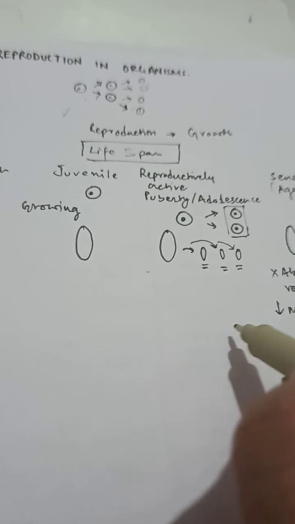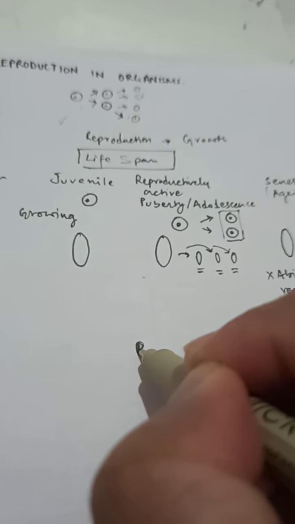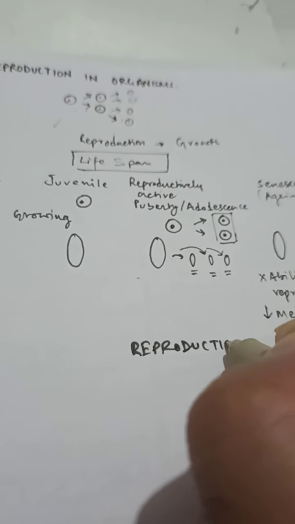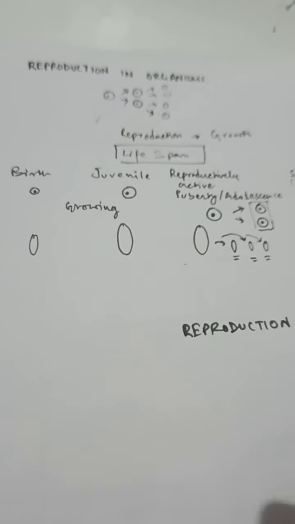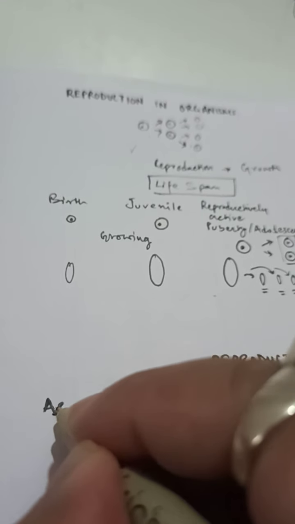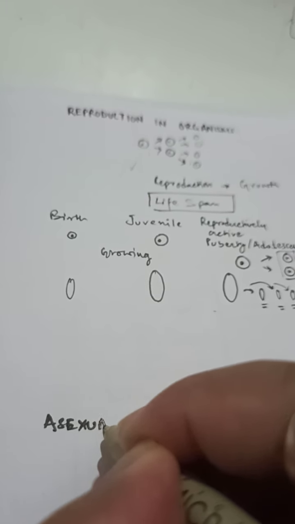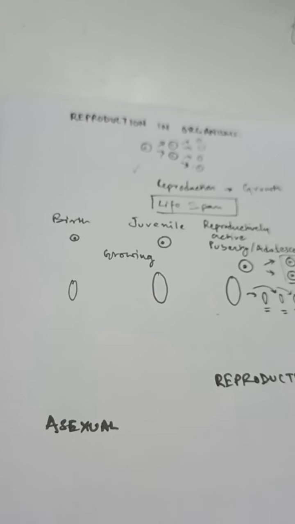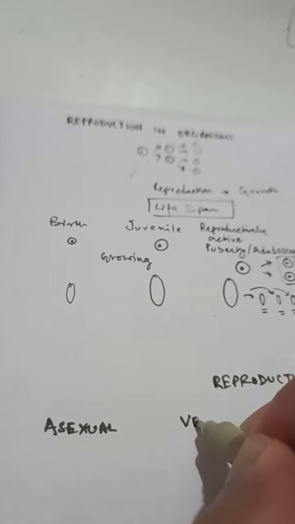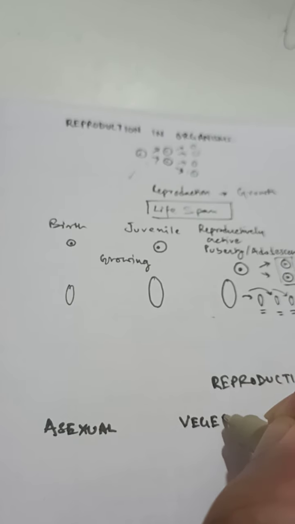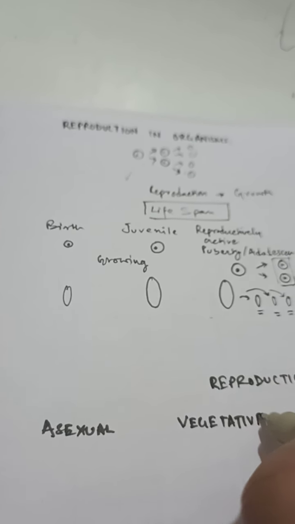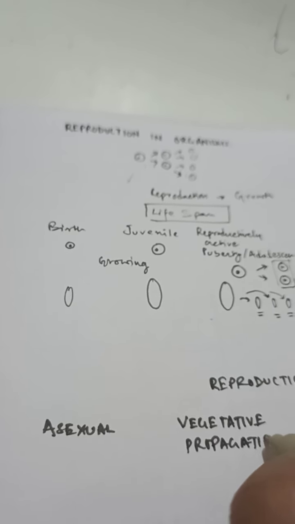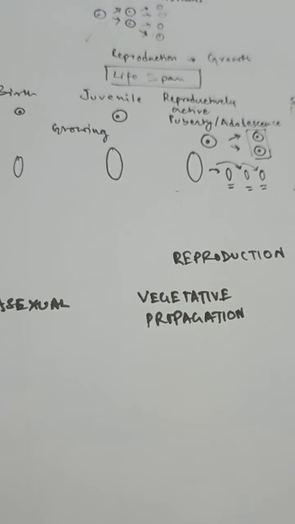So what we are going to find here is, when we talk about reproduction briefly, we can segregate the process of reproduction into asexual reproduction. Let's consider vegetative propagation, which is noticed mostly in case of plants.